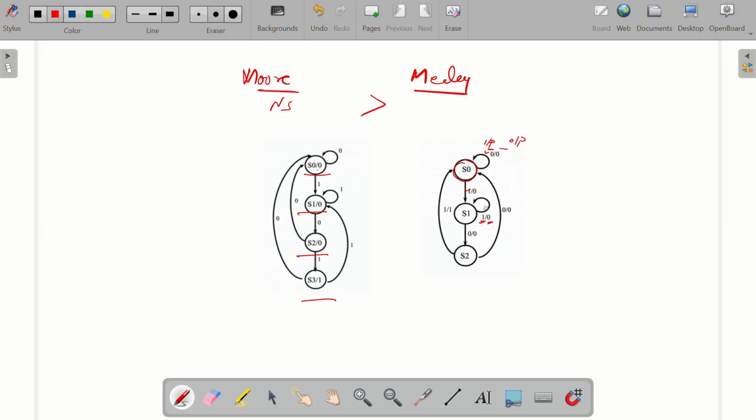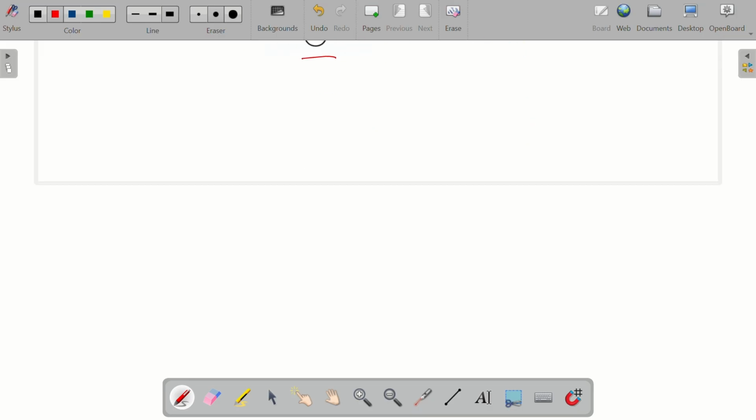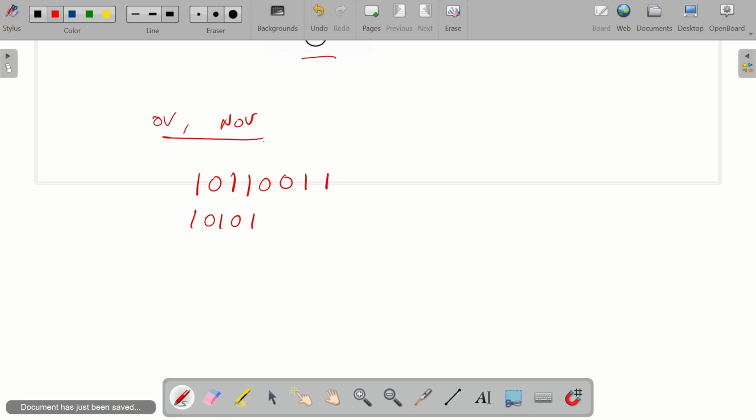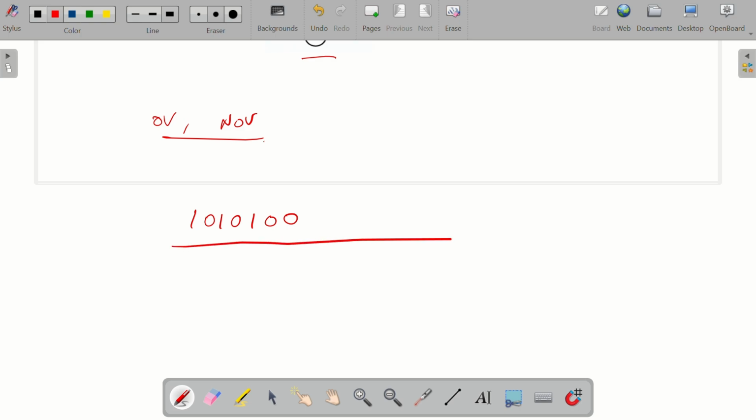asynchronously. Next, we will understand the overlapping and non-overlapping cases for sequence detection. Let us say that I have a sequence 101. Let us consider I have this pattern and I am supposed to detect sequence 101.